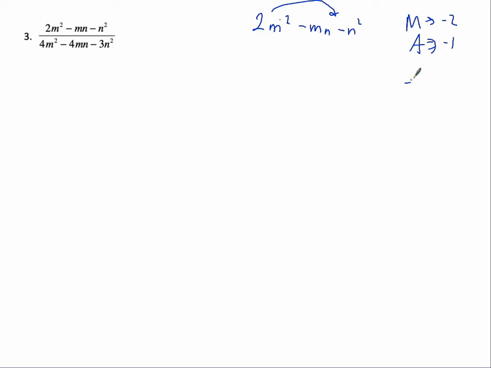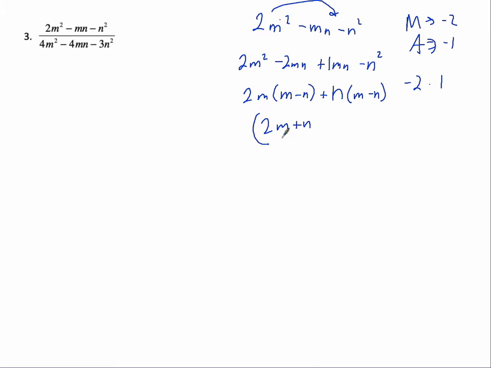That would be negative 2 times 1. So we can split the middle term into negative 2mn plus 1mn minus n squared. I'll factor out 2m, we get m minus n, factor out n, we get m minus n. So that's 2m plus n, m minus n.